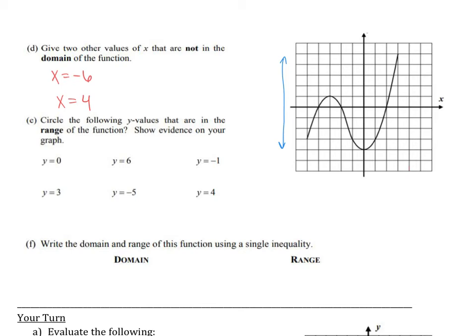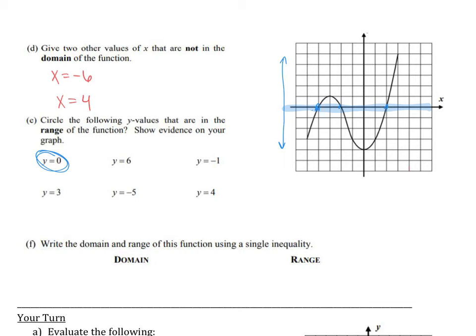So it says circle each of the y values that are in the range of the function. Let's start with y equals 0. Y equals 0 is going to be right here. Is this in the range of the function? Yes, because it goes through a bunch of parts of that function. It goes through here, goes through here, goes through here. So yes, that is in the range of the function. So y equals 0 is.